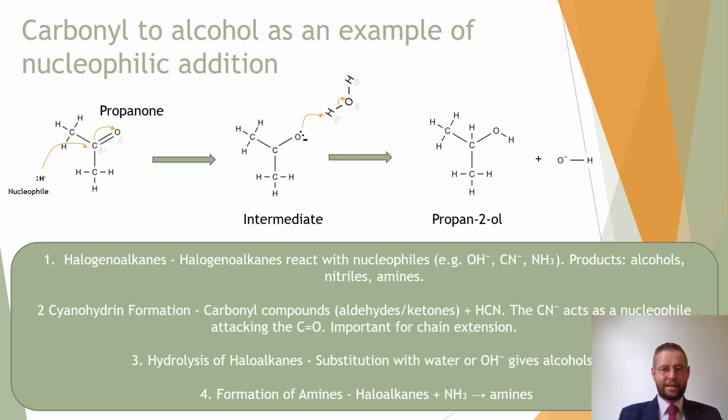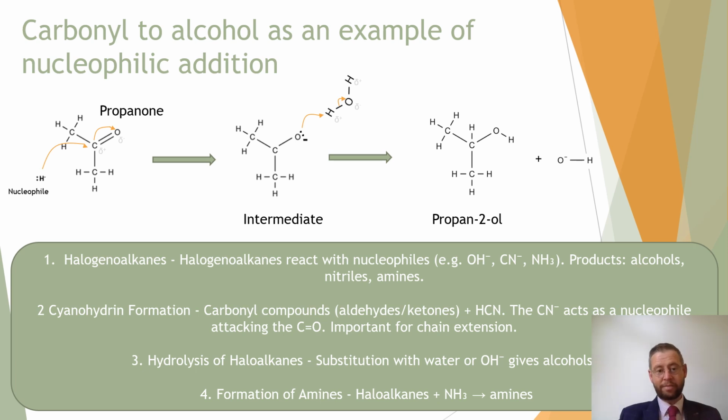Now this is interesting because it shows how we can make them and we can turn them back again, how it is reversible. But the main reason why we are required to learn this is because it's one of the very best examples of nucleophilic addition. And so other places where we have to think about nucleophilic addition: the halogenoalkanes, where these react with the nucleophiles OH-, CN-, NH3, producing alcohols, nitriles, and amines.